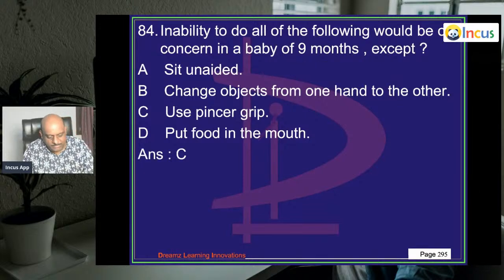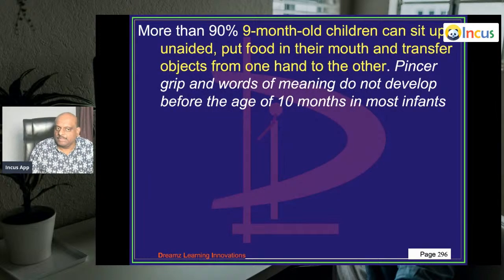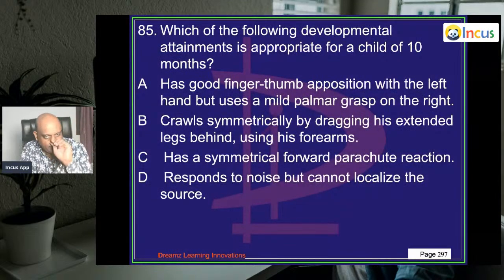9 months baby. If he doesn't put his foot in the mouth, if he doesn't change objects from one hand to the other, he needs to sit unaided. If he doesn't, then that is a worry. But pincer grasp does not develop before 10 months, is what you should remember.